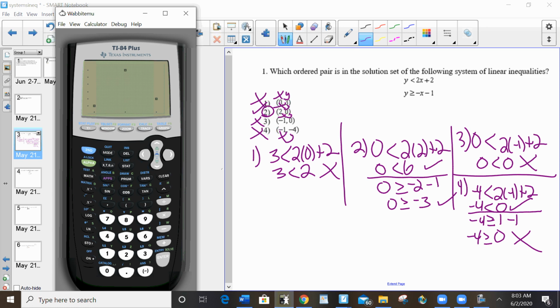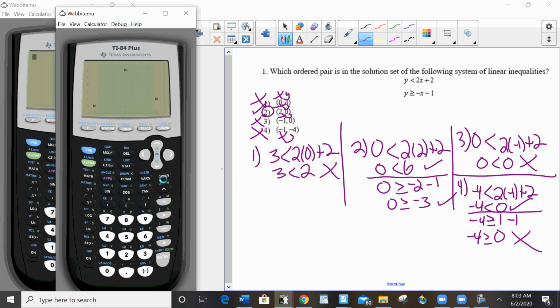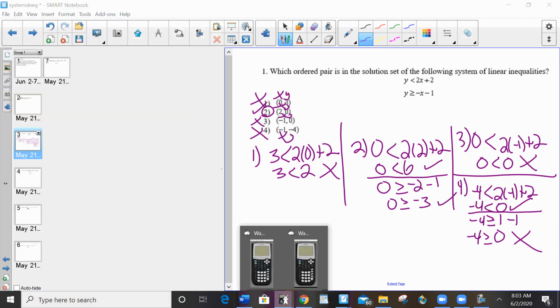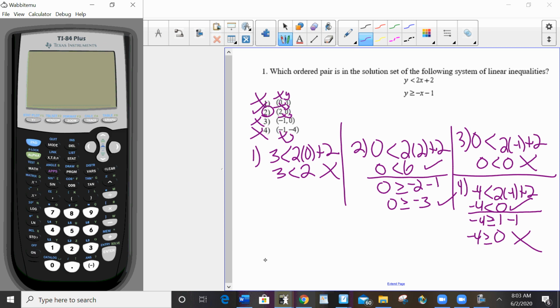But we can graph them. Freezing on me. Let's see if we can do this again. Y equals, my top inequality is 2x plus 2, negative x minus 1.